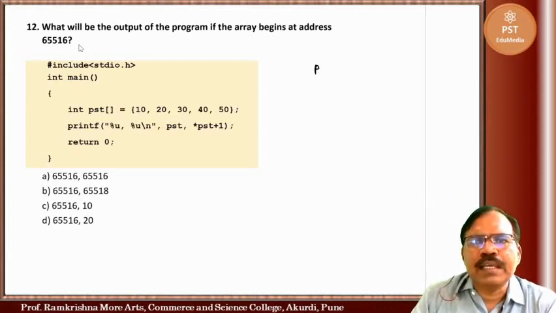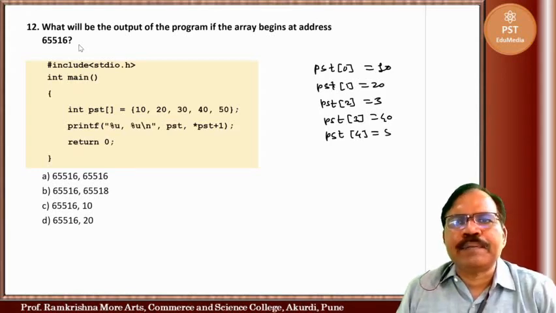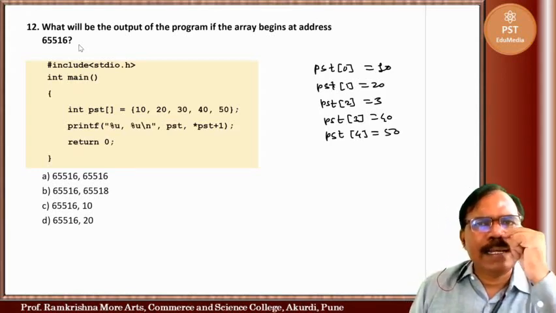So PST[0], we have 10, PST[1], we have 20, PST[2], we have 30, PST[3], we have 40, and PST[4], we have 50.